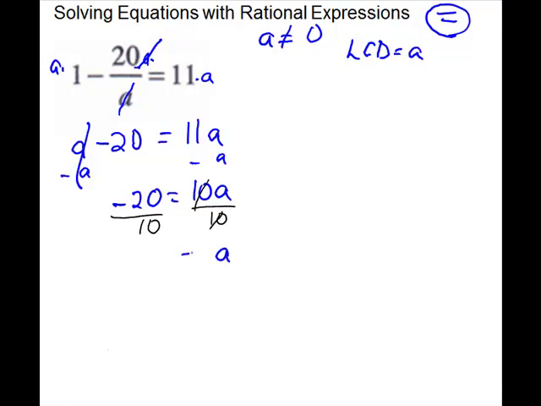So I have a equals, and 10 will go into negative 20, a negative 2 times. Now, remember you have to look back and make sure you didn't throw this value away. We threw away 0, so negative 2 is fine. That is our solution to the equation. So this is when it is not just one fraction on each side.